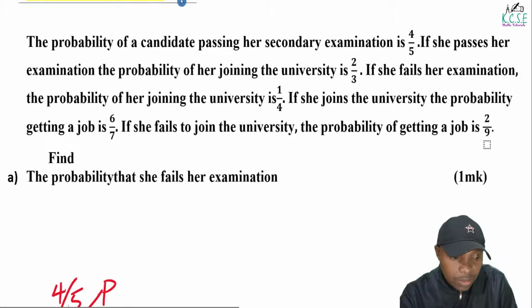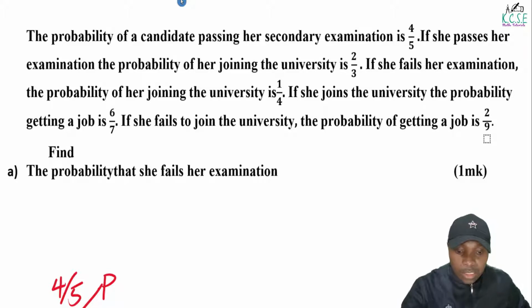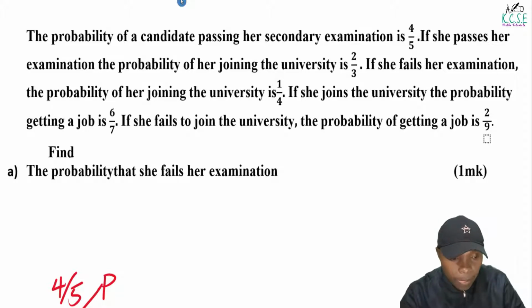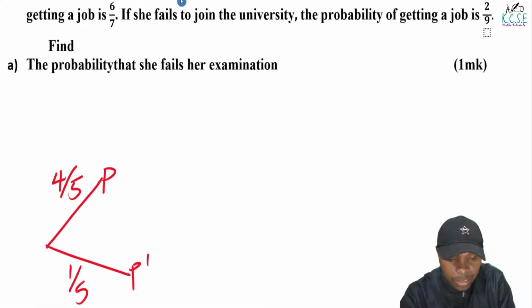Then the next statement: if she passes her examination, the probability of her joining the university is 2/3. So on this branch of passing the exam, we shall have another one: joining the university, not joining the university.